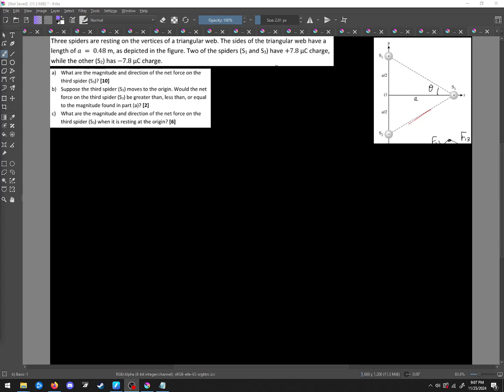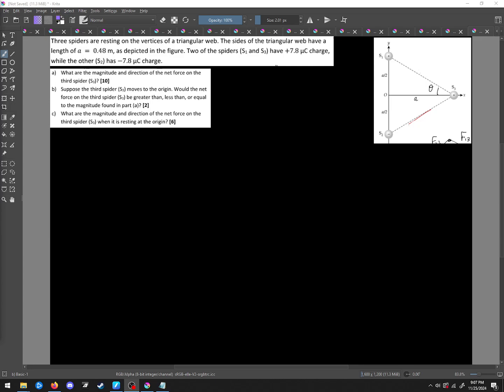So it says three spiders are resting on the vertices of a triangular web. The sides of the spider web have a length of A, as depicted in the figure.